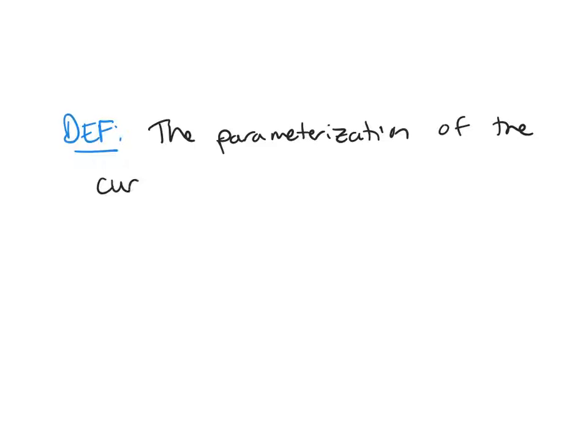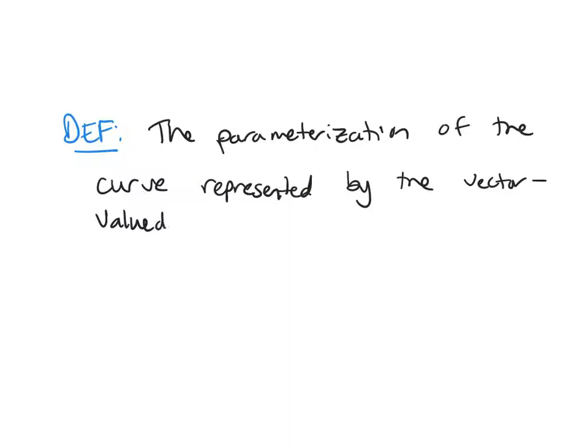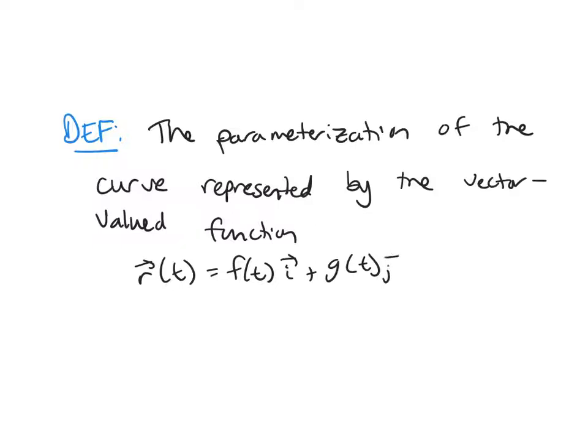So the definition: the parameterization of the curve represented by the vector valued function R of t, which is f of t i plus g of t j plus h of t k.